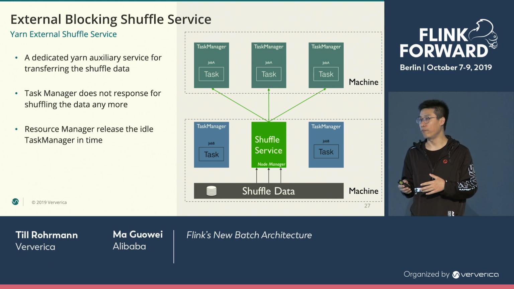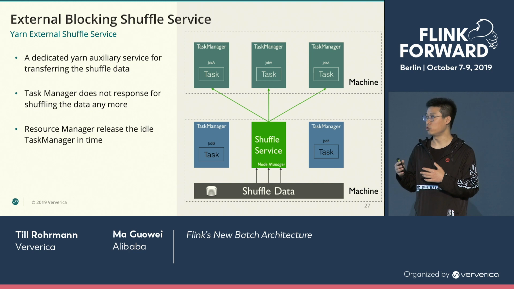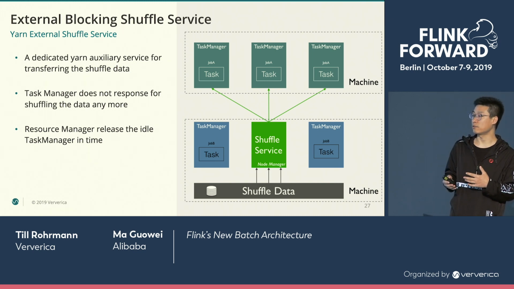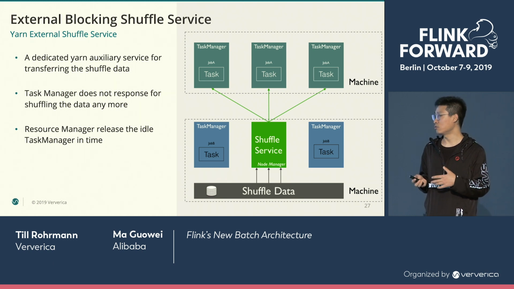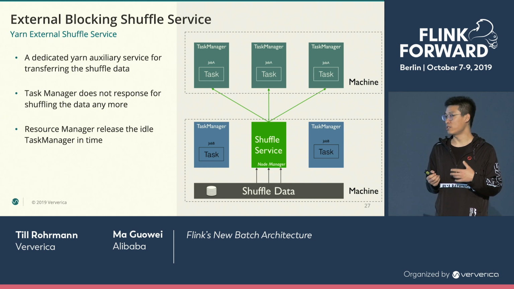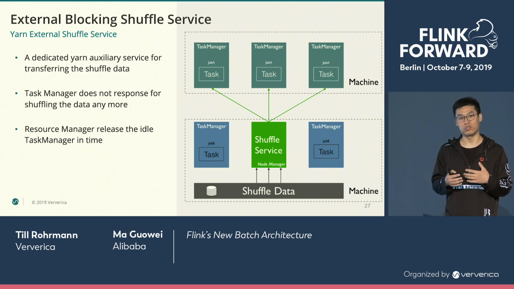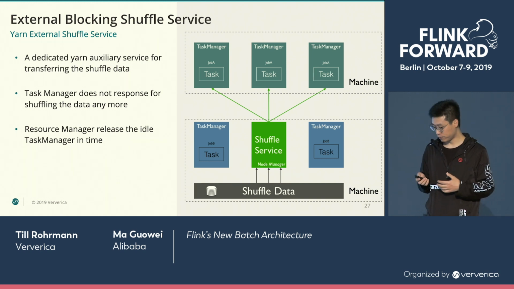And when the task is finished, the shuffle service is notified. Then the shuffle service could respond to the read requests. Since the task manager is not responsible for the data transmission, it could be released in time, and this resource could be used by another job.